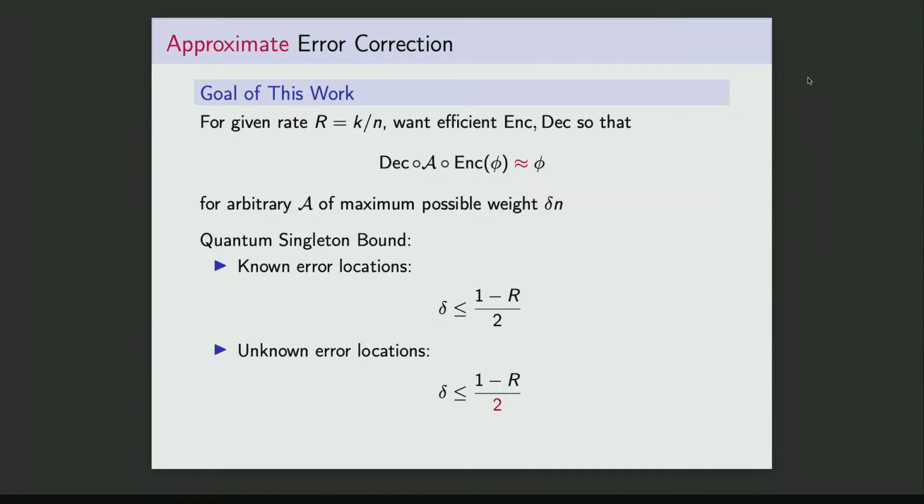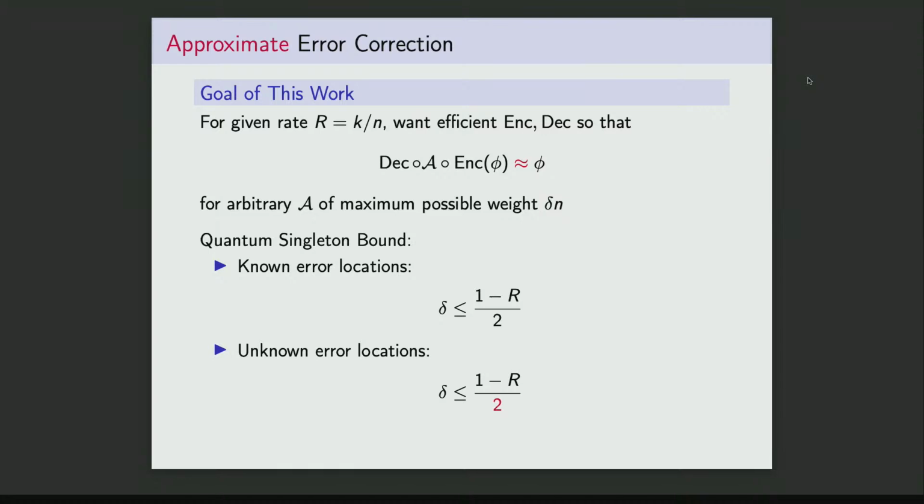But for all practical purposes, if you recover a state that's exponentially close to the original state, so it differs from the original state by an inverse exponentially small loss in fidelity, then you're still doing error correction. Interestingly, it turns out that if we relax to just requiring this approximate error correction, so we're okay with this very small loss in fidelity, then the 4 that we had known here actually changes to a 2. So now there's no fundamental reason that we can't correct from up to (1 minus r) over 2 fraction of errors.